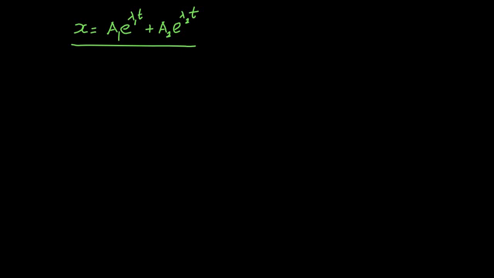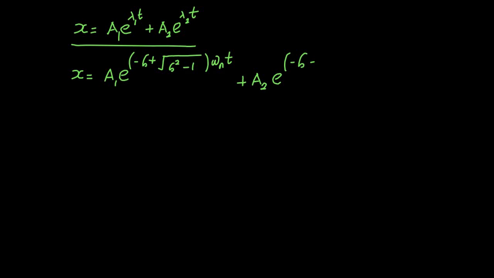Now let us substitute the value of lambda. So x is equal to a1 into e raised to the power minus eta plus root of eta square minus 1 into omega n into t, plus a2 into e raised to the power minus eta minus root of eta square minus 1 into omega n into t.